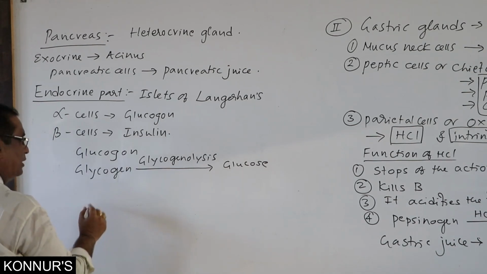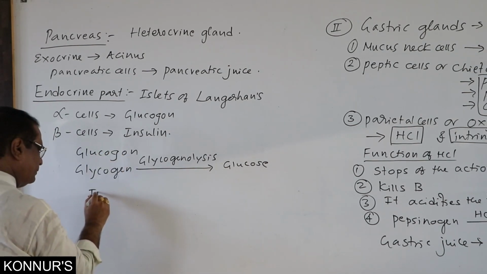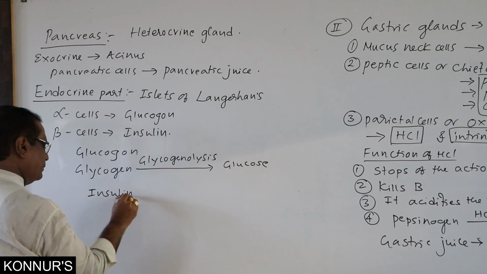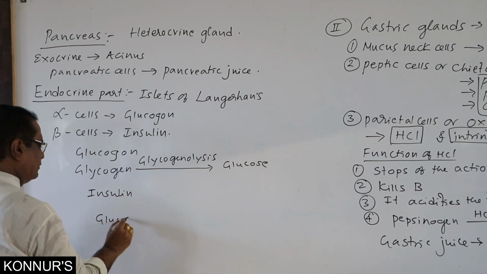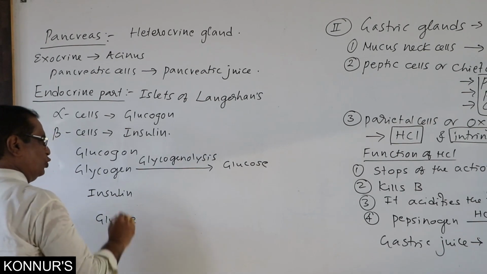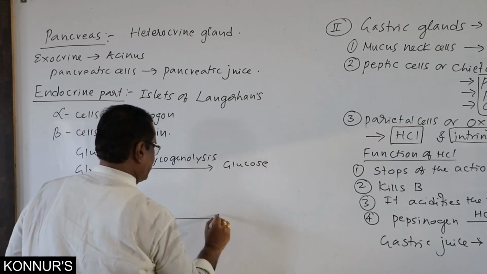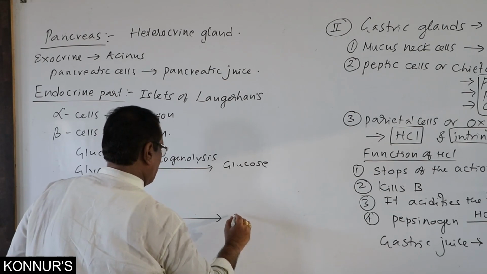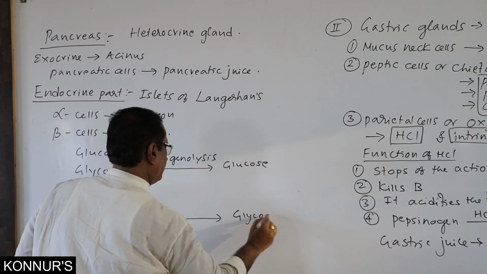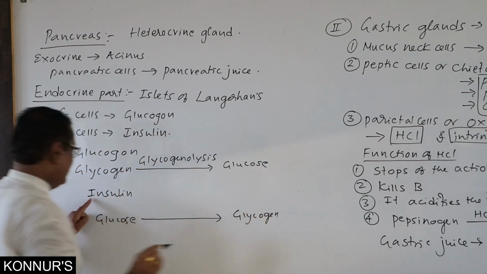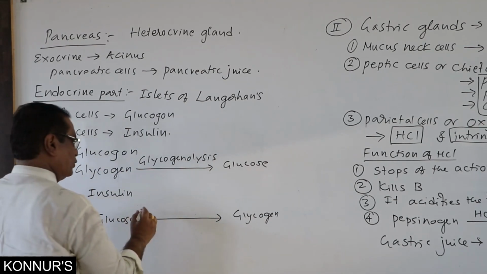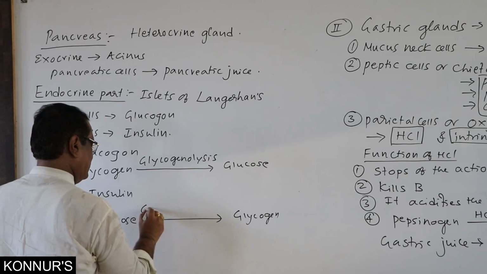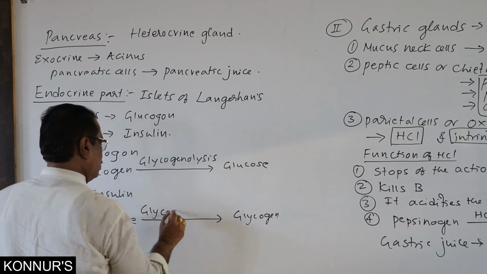And that insulin acts upon excessive glucose in the blood. It goes to liver. That excessive glucose is converted into glycogen, that is by insulin. And this process is named as glycogenesis.